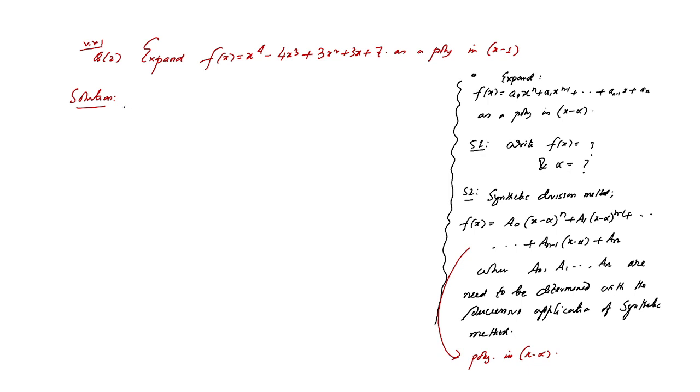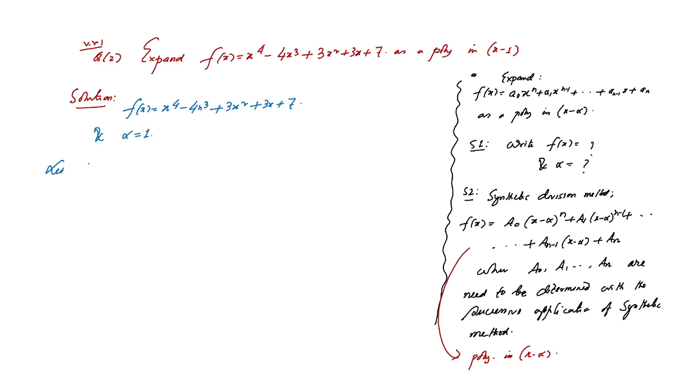So what is f(x)? Write f(x) equals x to the power 4 minus 4x cube plus 3x square plus 3x plus 7. And what is alpha here? Alpha is, x minus 1, so alpha is basically 1. Now we'll apply the synthetic division and we'll get a0, a1.